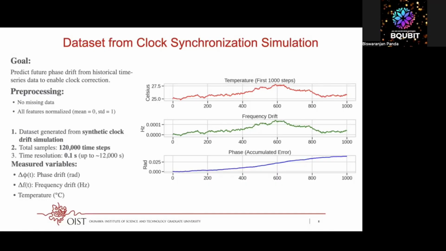So when frequency and temperature increase and stabilize, the phase will continuously increase, drifting, right? So the phase error will increase.